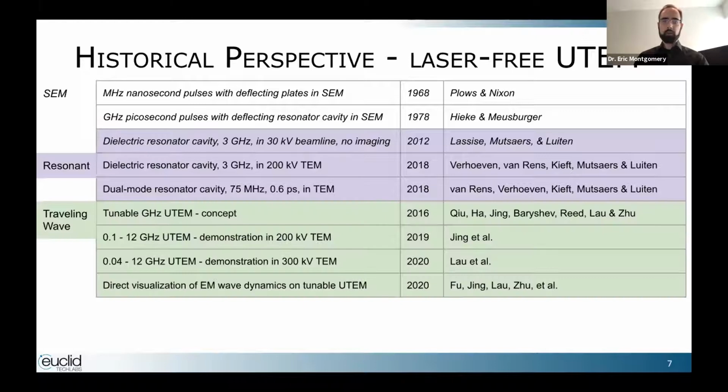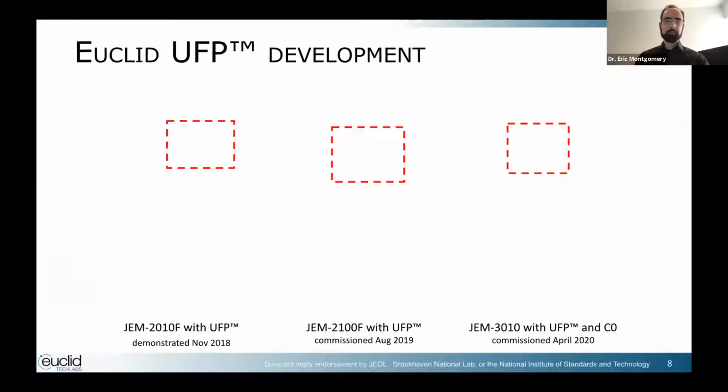The traveling wave concept is even more recent, having been developed really in the last 5 years, primarily by Euclid Techlabs and its collaborators. And this technique has been implemented and has begun to see some publications hit the literature. Keep your eyes open. We have several in process.